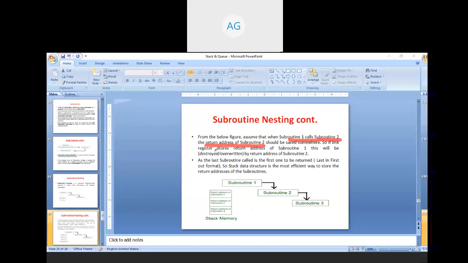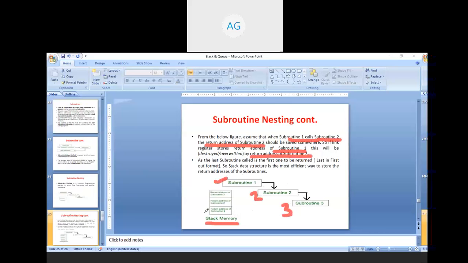If the link register stores the return address of subroutine 1, this will be destroyed or overwritten by the return address of subroutine 2. As you can see, this is the stack memory. First subroutine 1 executes, after that subroutine 1 calls subroutine 2, and lastly subroutine 3 is called from subroutine 2.